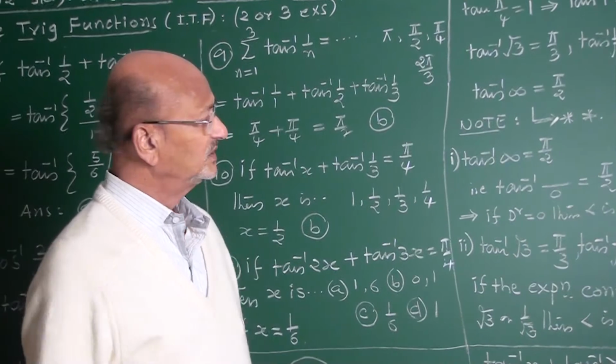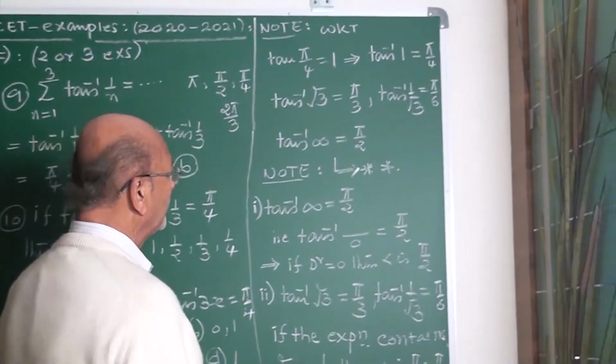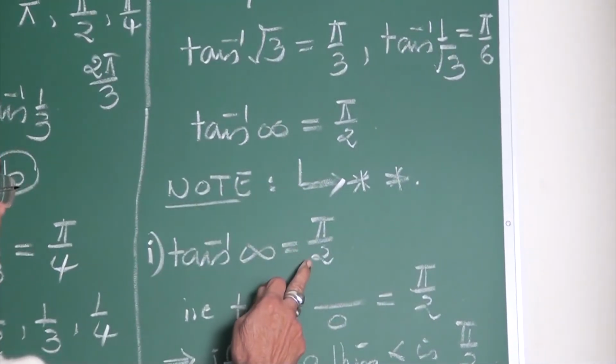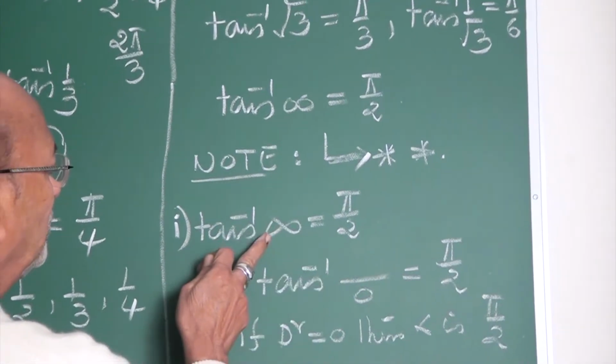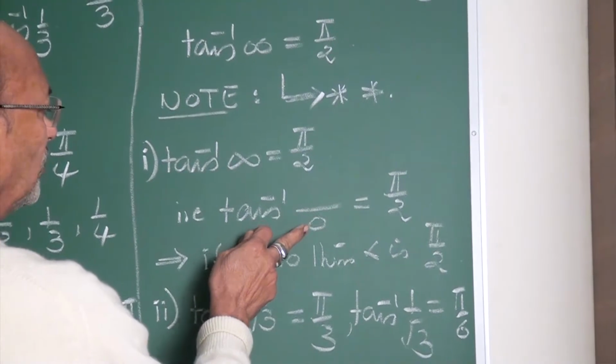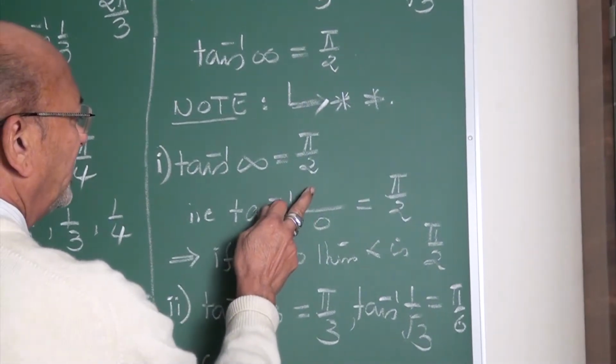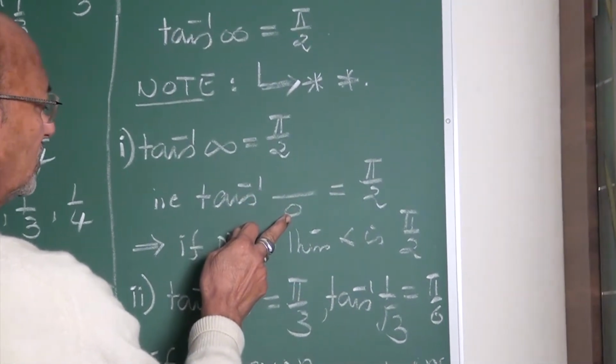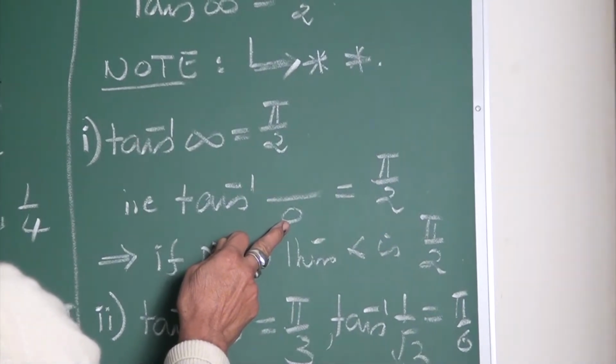How? See for a minute. Tan inverse infinite is pi by 2. When you get infinite, the denominator is 0, because we never divide any number by 0; division by 0 is not permissible.